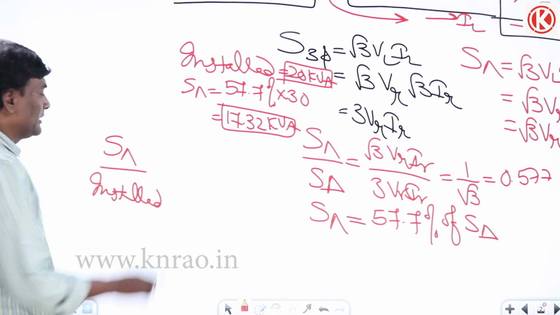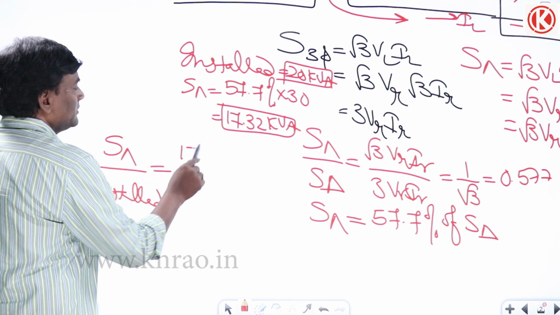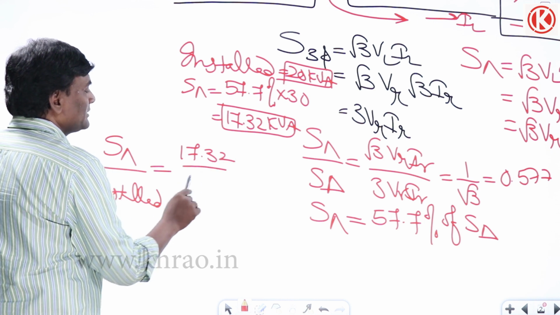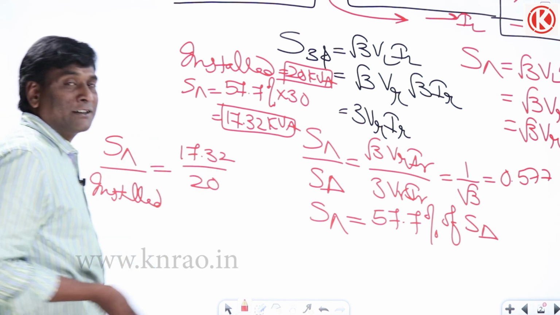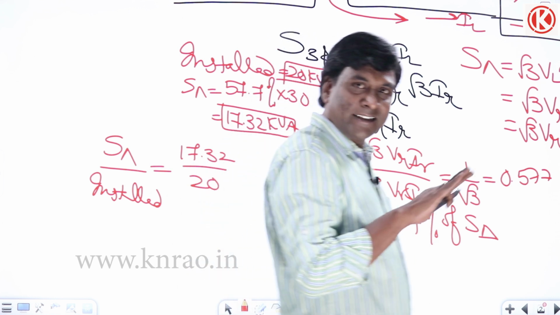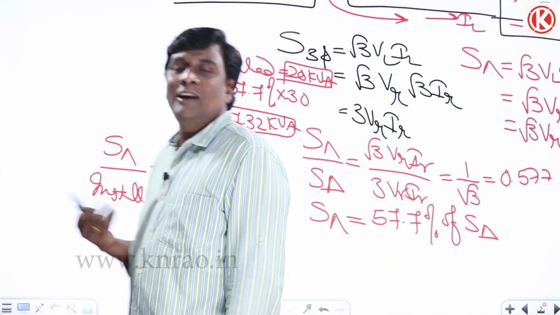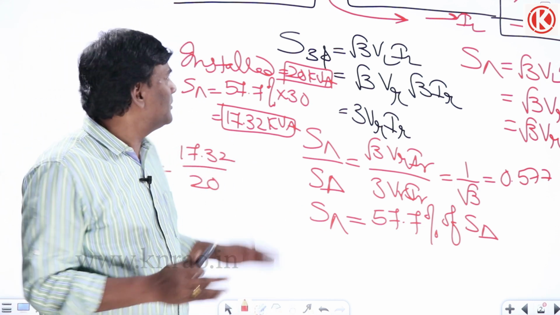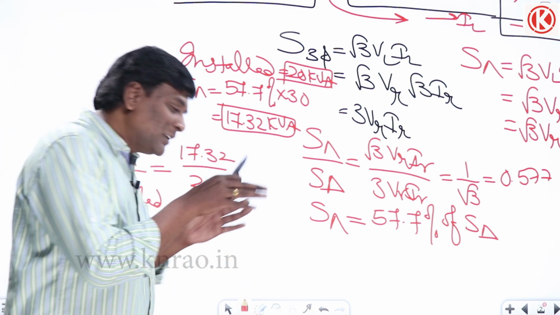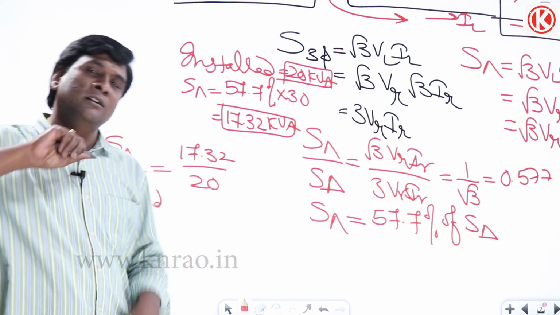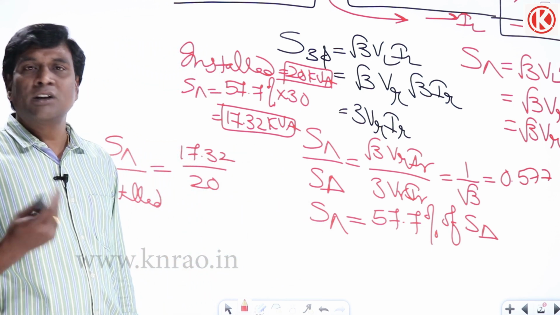Now let us think of S of open delta by installed capacity in open delta. Installed capacity in open delta is going to be, how much is this? 17.32 by installed, because one of the transformers is not connected to the network now. The moment a transformer is not connected to the network, that cannot be considered as installed capacity. For example, I have a three-phase transformer bank. One of the transformers I removed and kept for repairing or maintenance work.